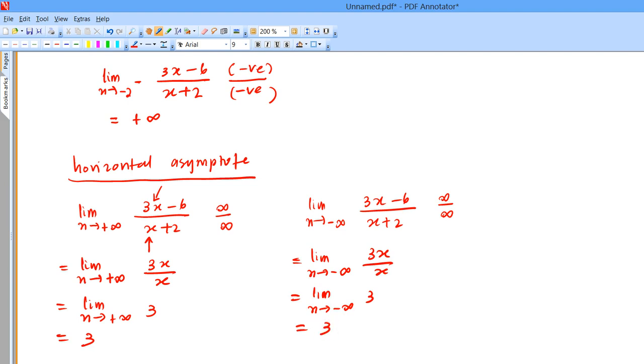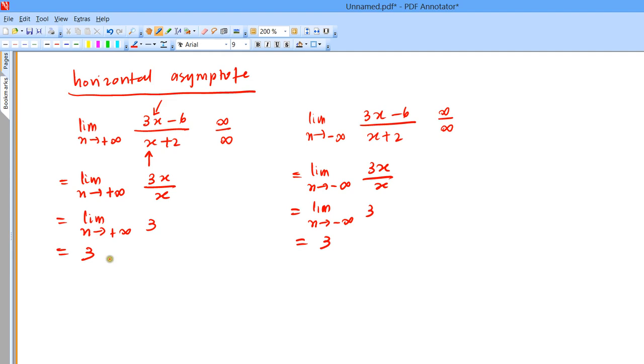So we get from left and from right the same value, so we can make a conclusion here. Horizontal asymptote y equal to 3.